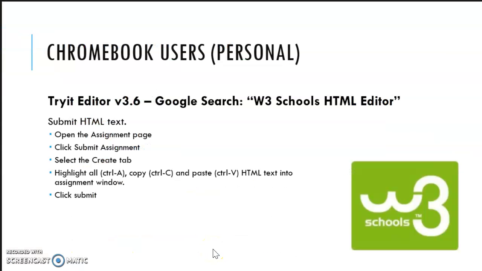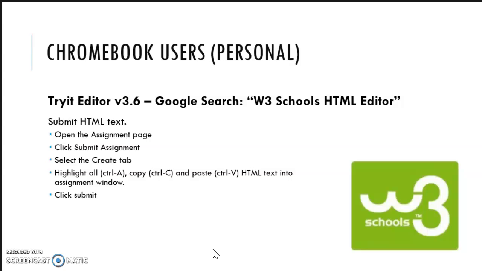Okay. Chromebook users, this is your personal computer, school did not provide it to you, you have a couple of options. Actually, anybody who is working from home on their own computer, not on a school provided computer, has a couple of options. Let's talk about Chromebook users and their options.